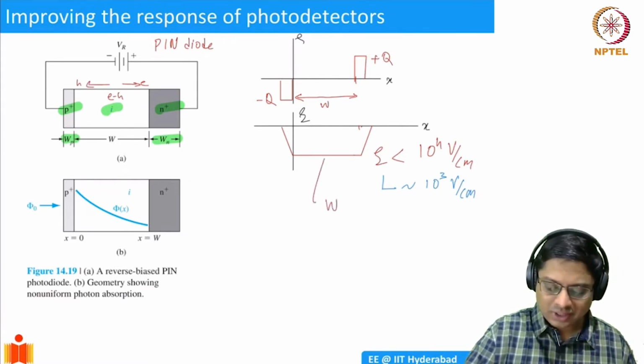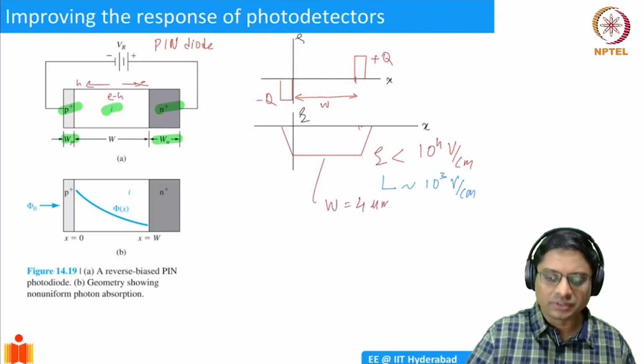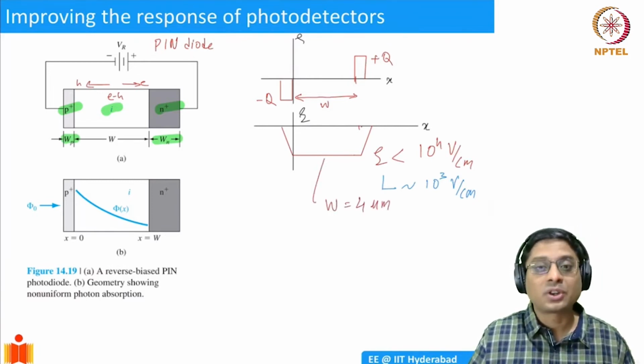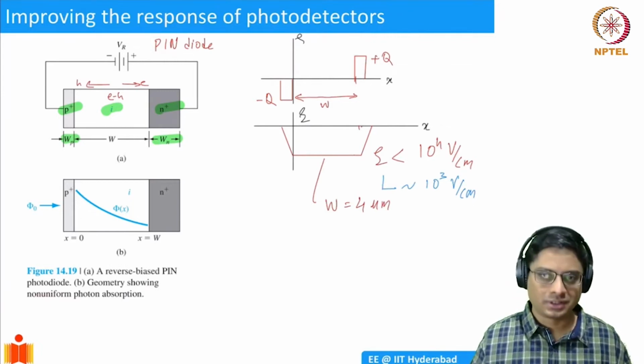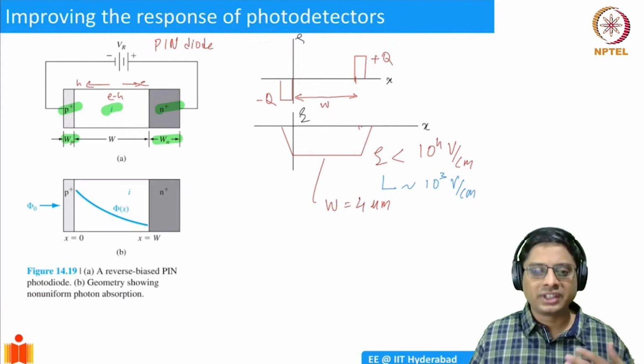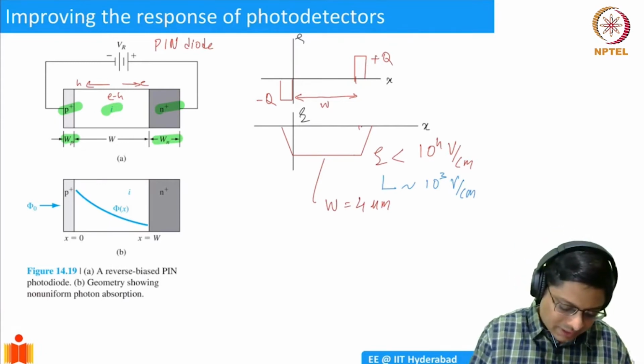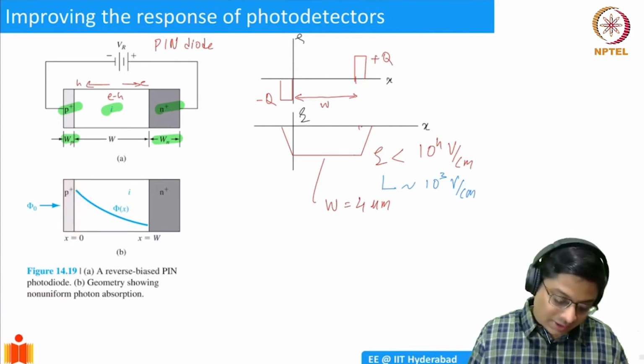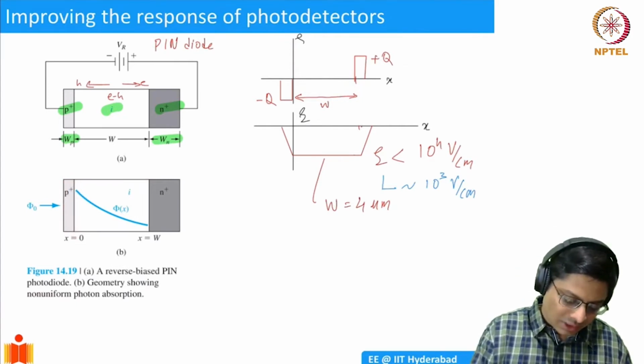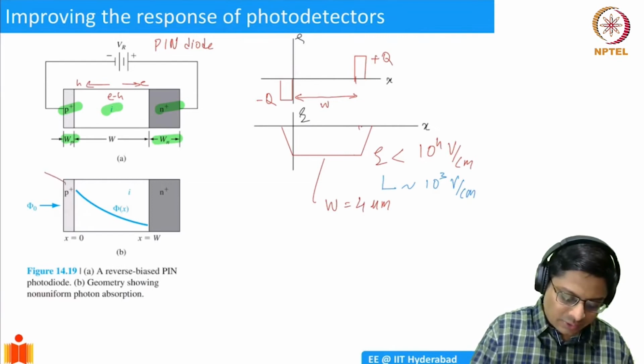I can choose a 4 micrometer depletion width. There's nothing that stops me from doing that. If I do this, then I can have more absorption. For example, one of the ways to build a photodetector would be to choose a thin layer of P+. The reason we are making it P+ is we want it to connect to the external circuit, so we don't want resistances. We want to minimize resistances.